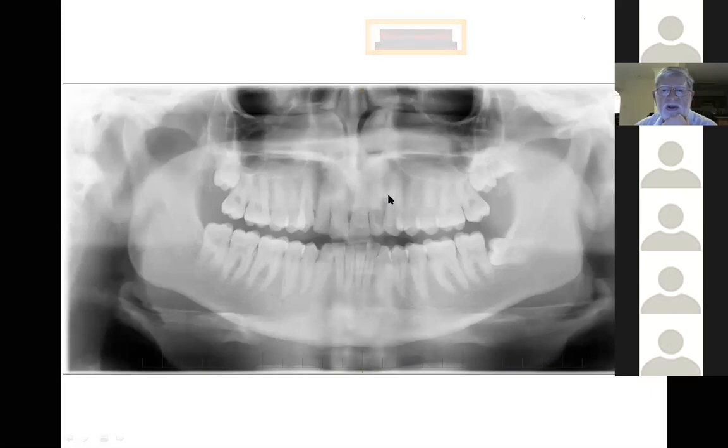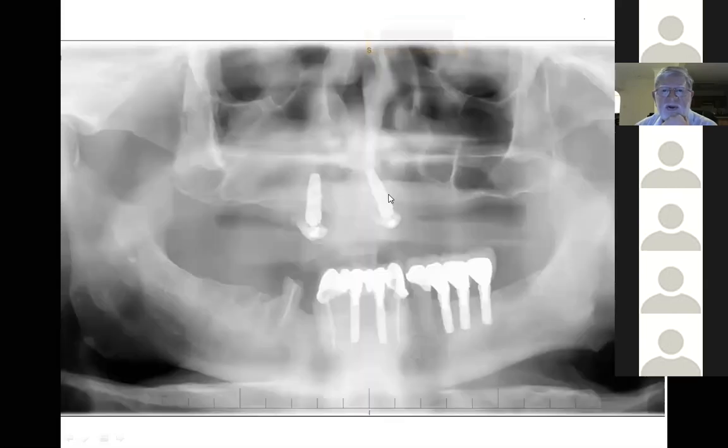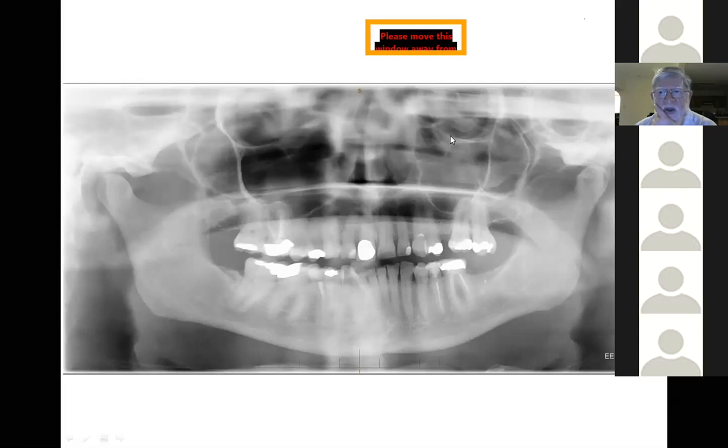So we're seeing that. We've seen that quite a lot. And an opaque maxillary sinus there compared to the other. And the same thing there, an opaque sinus compared to the other.